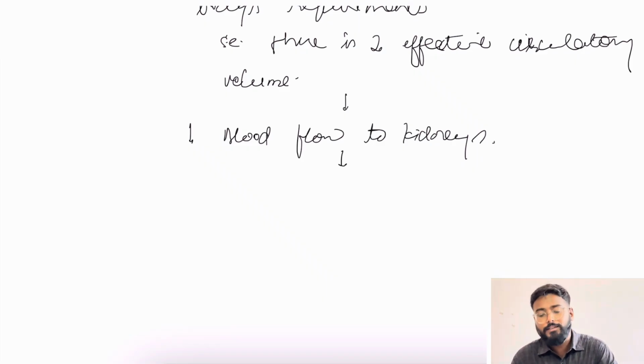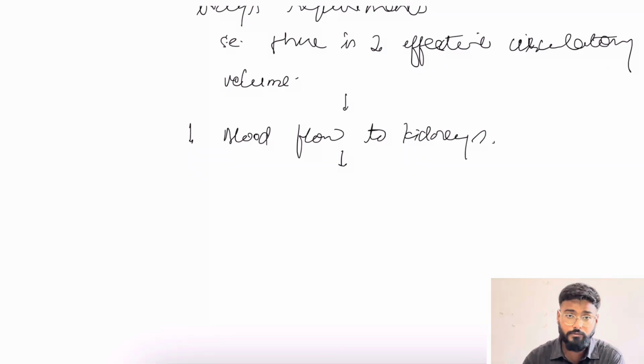So what in turn are the kidneys going to do? The kidneys are going to conserve salt and water. And how are they going to do this? They are going to do this by activating your RAS, renin angiotensin aldosterone system, and they also release ADH or vasopressin.